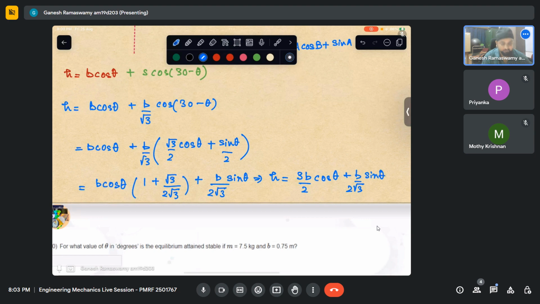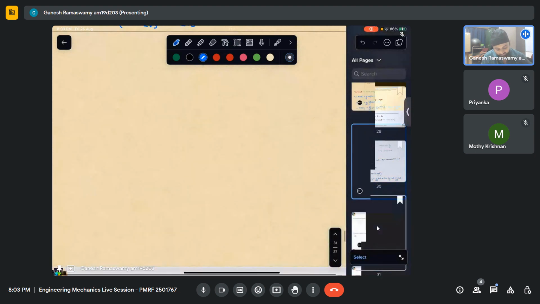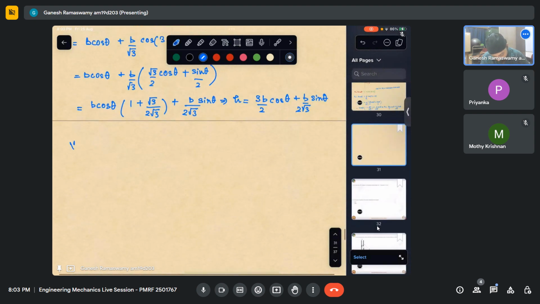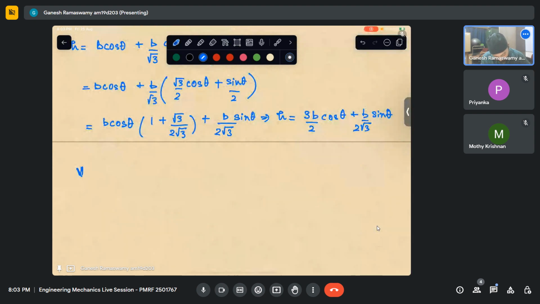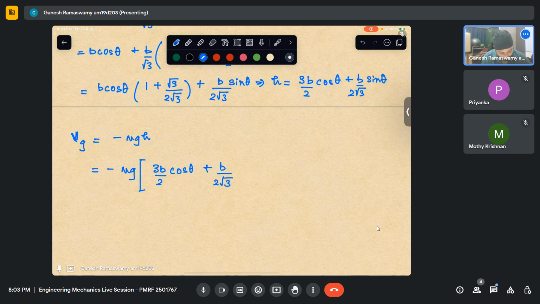So once I have h, it is simple. We can write Vg. It is nothing but minus mgh, equal to minus mg into this quantity. This is my gravitational potential energy for the system.